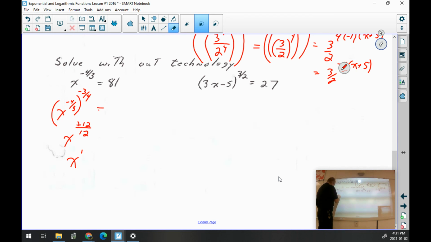So using our teeter-totter method, what I do to one side, I must do to the other side. We have 81 to the power of negative 3/4. Using our exponent laws, the fourth root of 81 is 3.